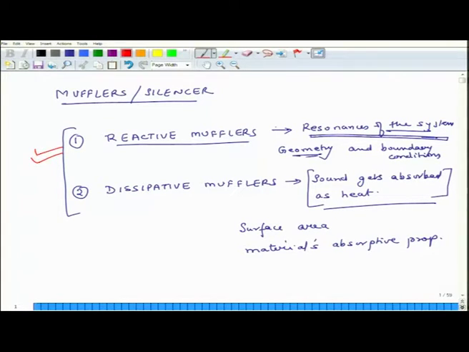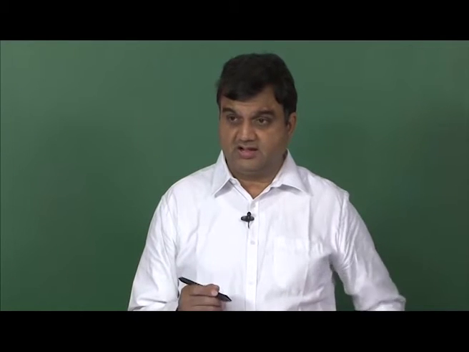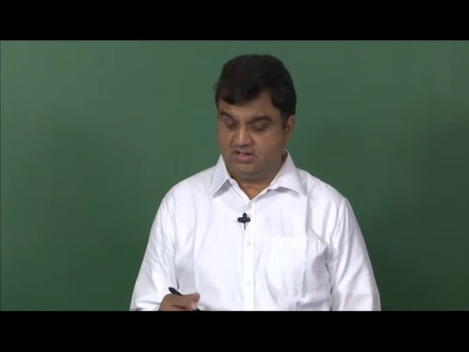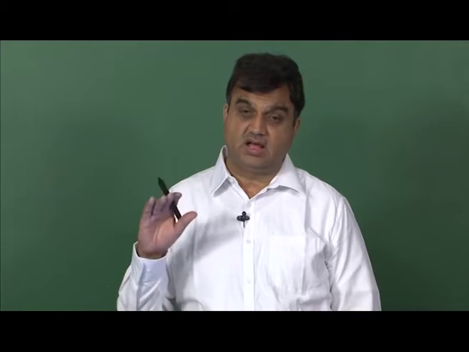Now, these mufflers have lots and lots of applications. The most common application which we come across very frequently is in cars, motorcycles, automobiles, scooters and so on, where there is a lot of noise emitted by the engine, and that noise is centered around very specific frequencies. So, we use reactive mufflers designed in such a way that those specific frequencies are suppressed.